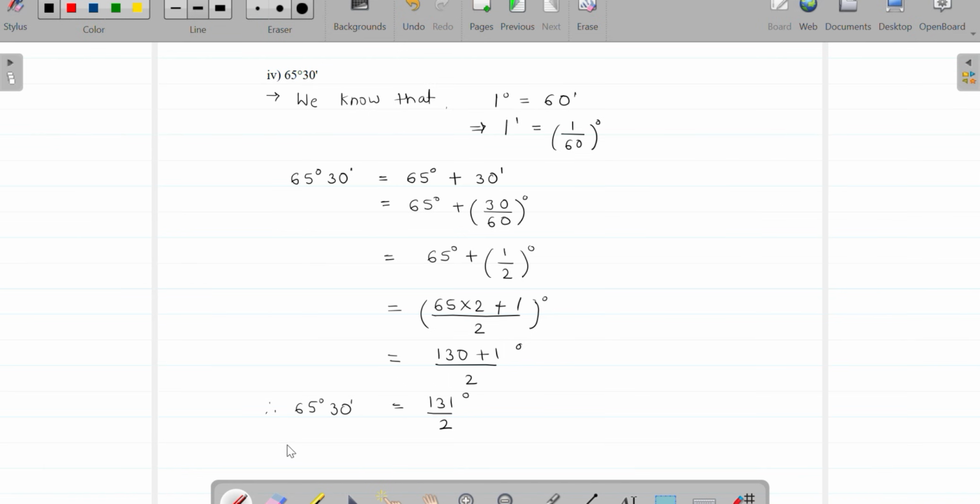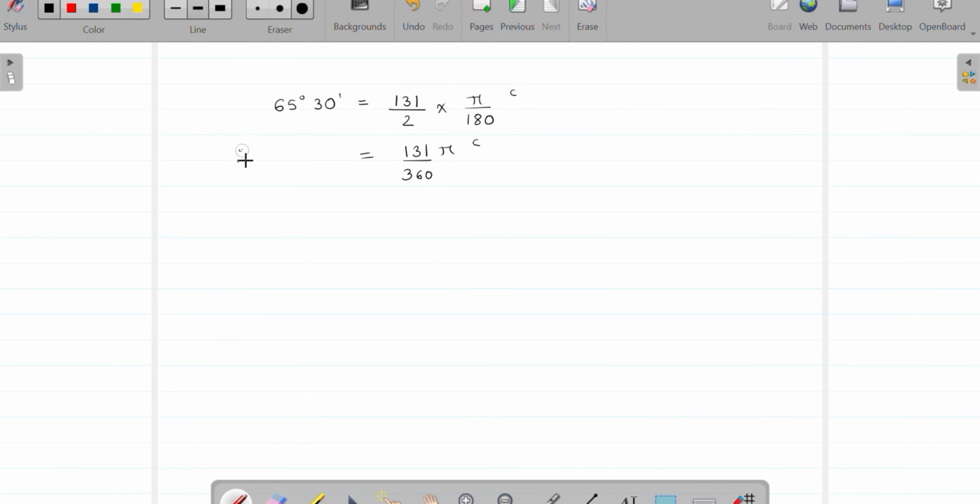So multiply this by pi upon 180. 65 degree 30 minutes, which is equals to 131 divided by 2 into pi upon 180 radian, which is equals to 131 pi upon 360 radian.